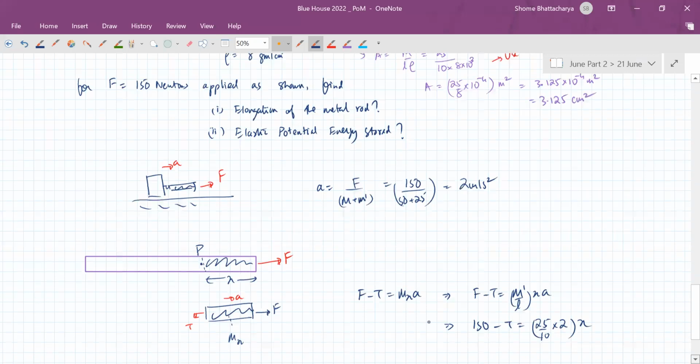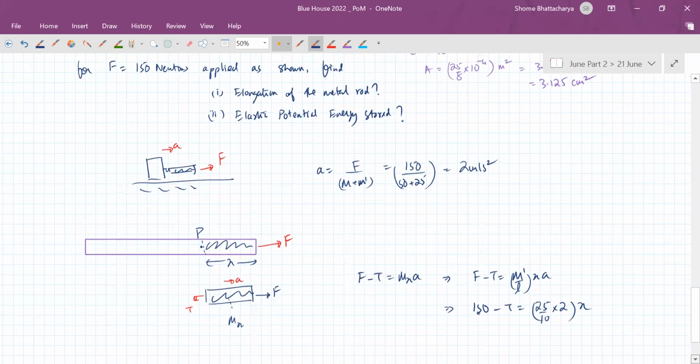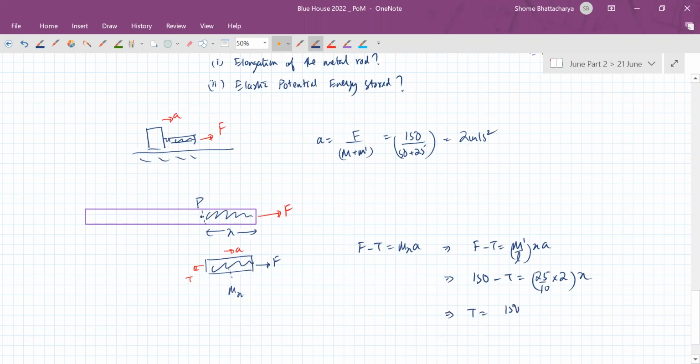So you can see that the tension in the rod as a function of position is 150 minus 5x.